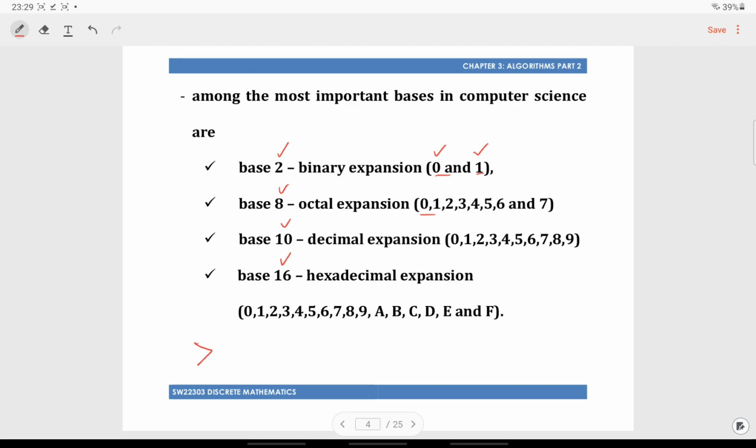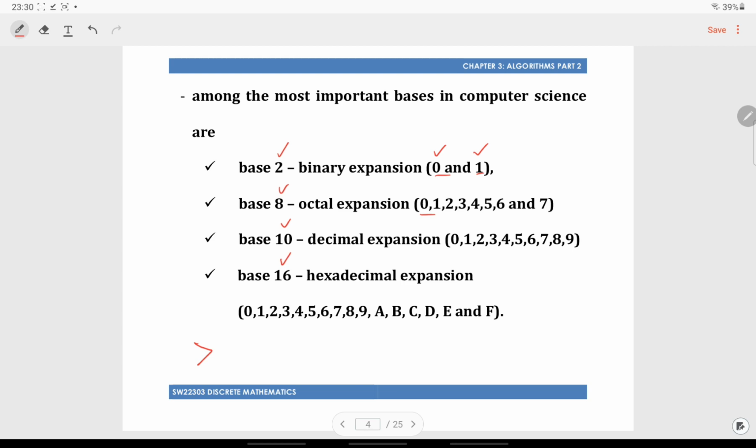Base 10 is what we normally use in our daily lives, and we call it decimal expansion. It contains a combination of 10 digits, from 0 up to 9.